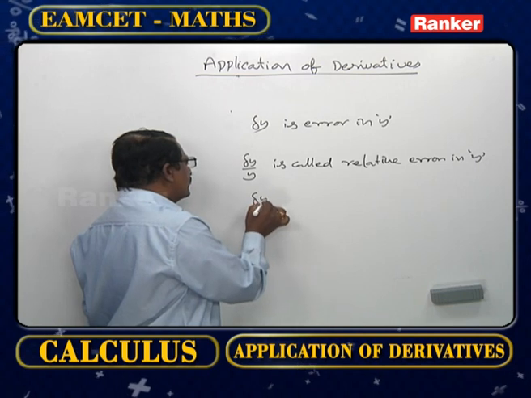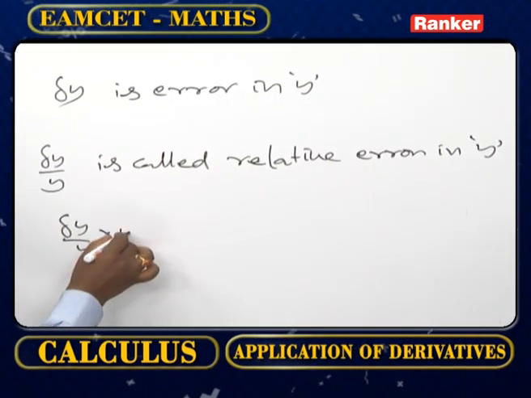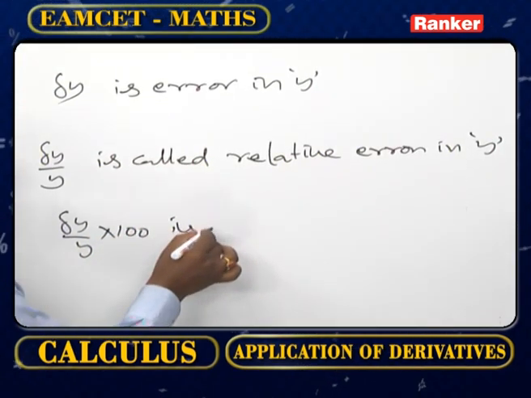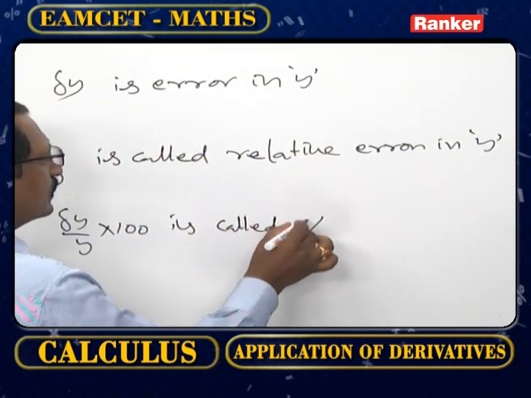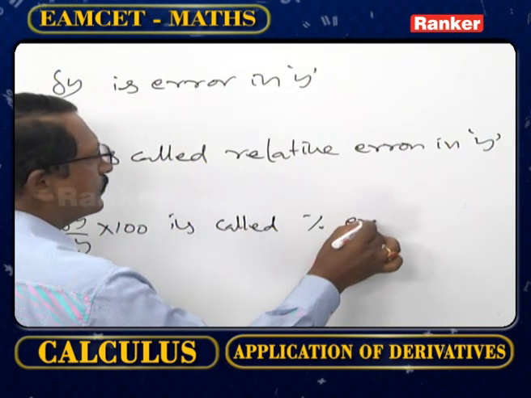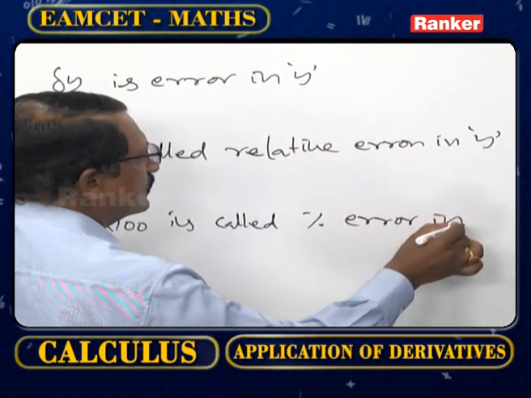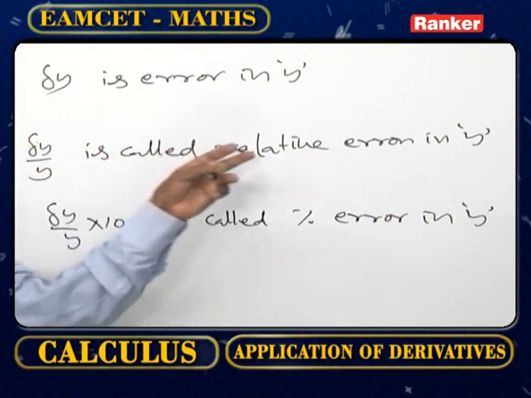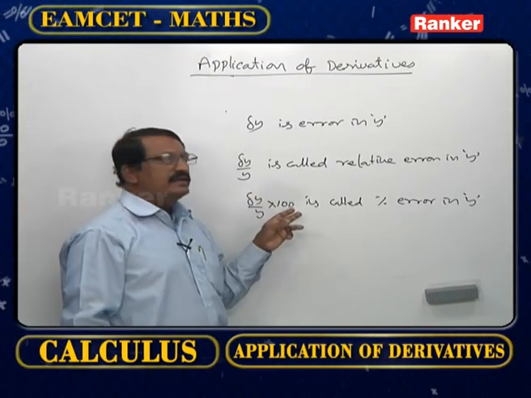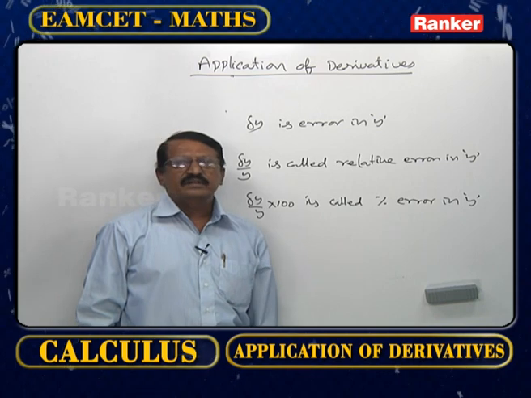Similarly, delta y by y into 100 is called the percentage error in y.